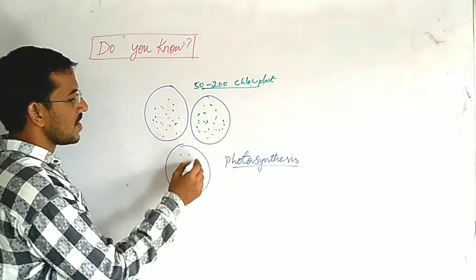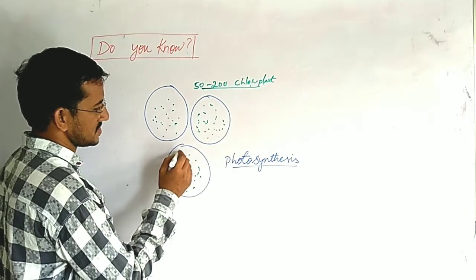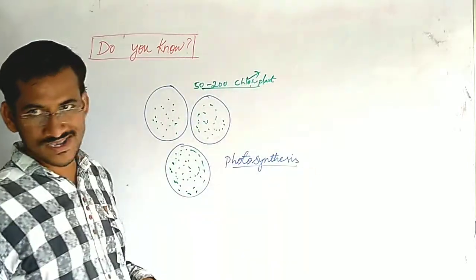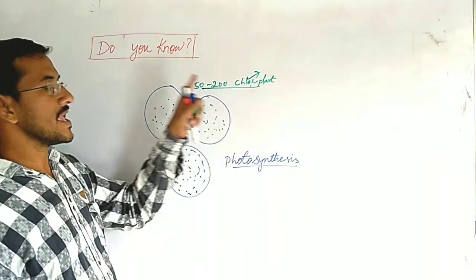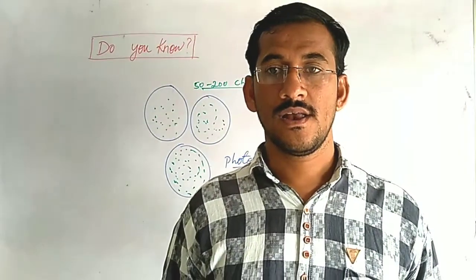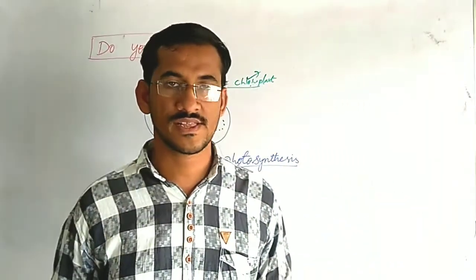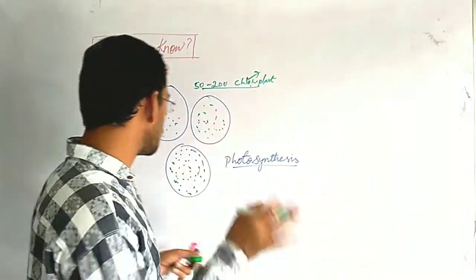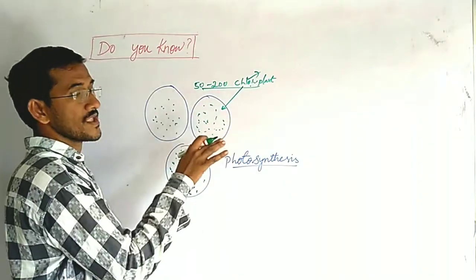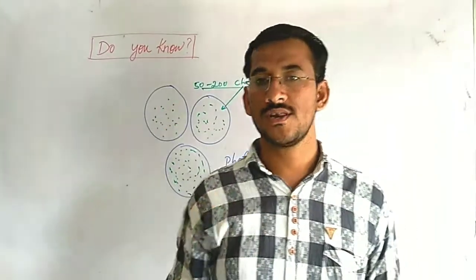So based on the functions, organelles are present in greater numbers. For example, chloroplast is a cell organelle, and this organelle is present in greater number compared with other organelles like mitochondria, endoplasmic reticulum and lysosomes. They are not present in more number, because chloroplast is helpful to perform photosynthesis. That's why they are present in more number.